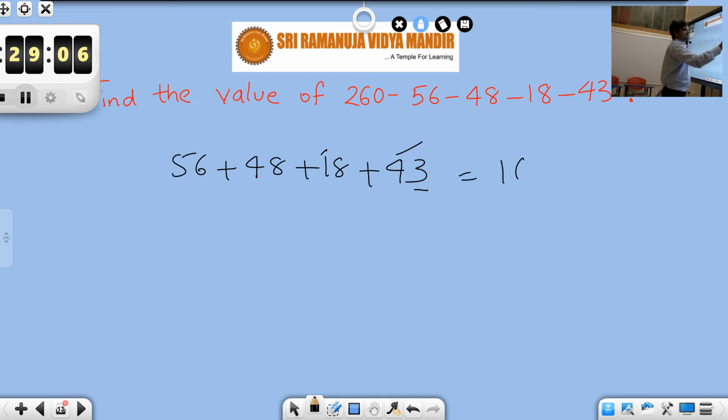So this sum we get as 165, and here we have 260.